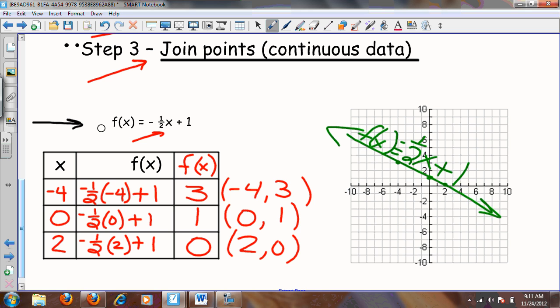Okay? I would like for you to try to compare this graph and create a model rule for quick check 3. 3x plus 4. Try to do 3x.